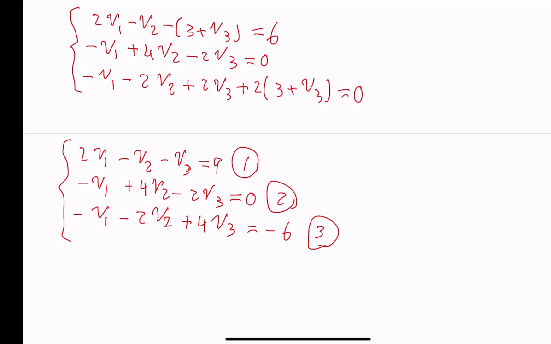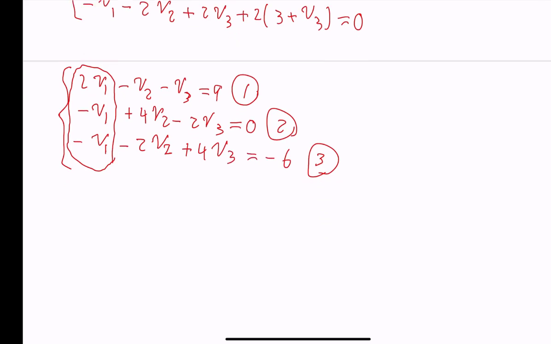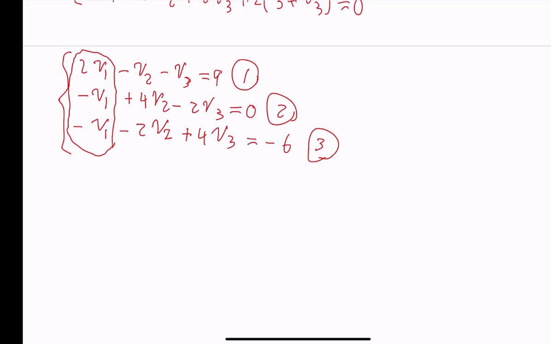Again, we can use Cramer's rule at this point, but we get 3 by 3 determinants. So noticing that we have nice coefficients for v1, let us eliminate v1 and get 2 equations in terms of v2 and v3. Take equation 1, its coefficient is 2, multiply equation 2 by 2, so we get negative 2v1, and add it to equation 1.